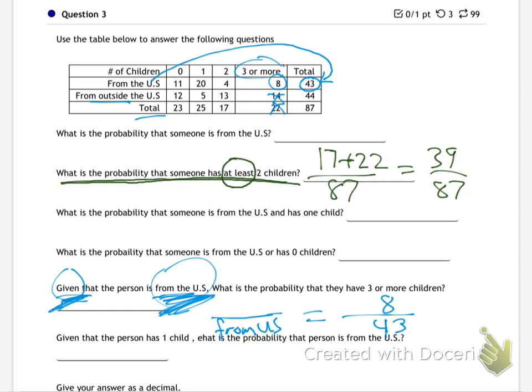Given that a person has 1 child, that's supposed to be a W there, what is the probability that person is from the U.S.? So try that one. So given they have 1 child, take that given, that's your denominator, right?